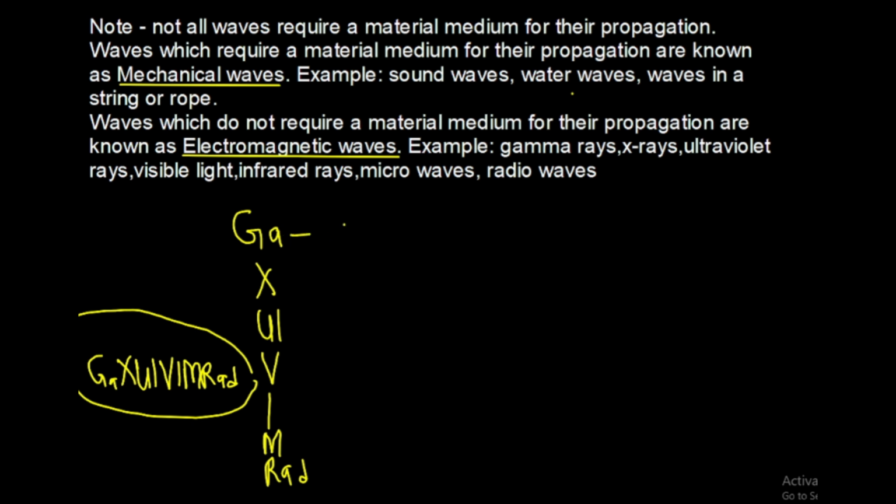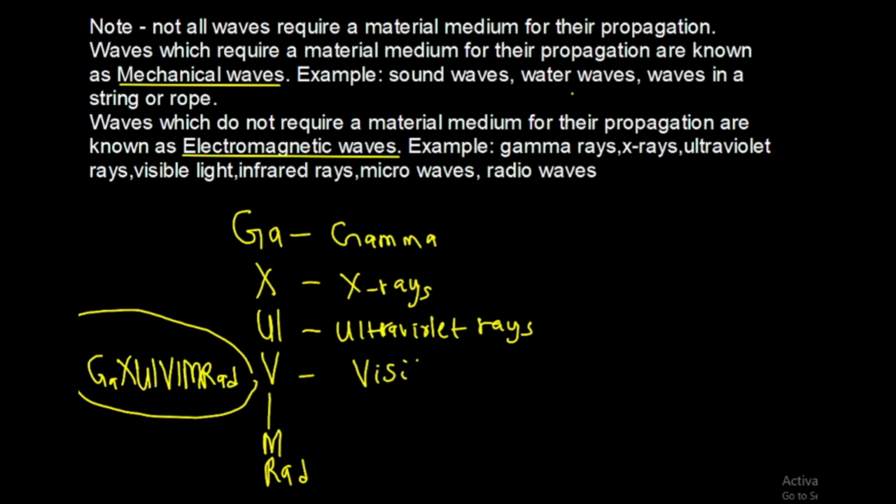Ga here stands for gamma, X stands for X-rays, Zol here stands for ultraviolet rays, and V stands for visible light.